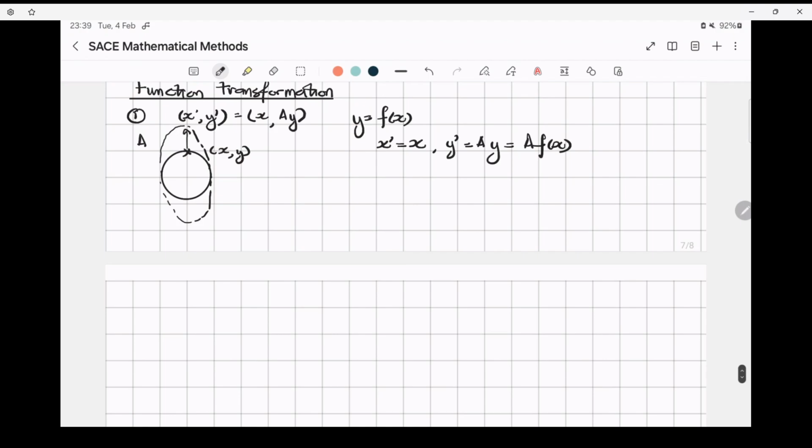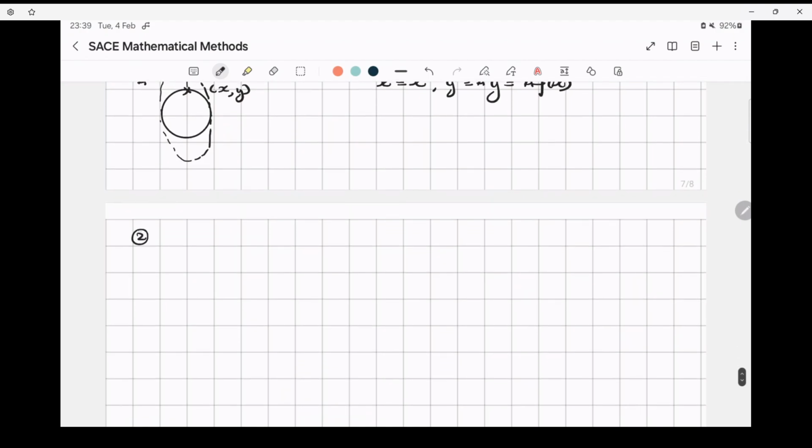So now let's look at the second one, whereby we still have the circle, and this is the point. Let's say this point is x, y as usual. I probably have to draw this bigger. Okay, let's put this point as x and y.